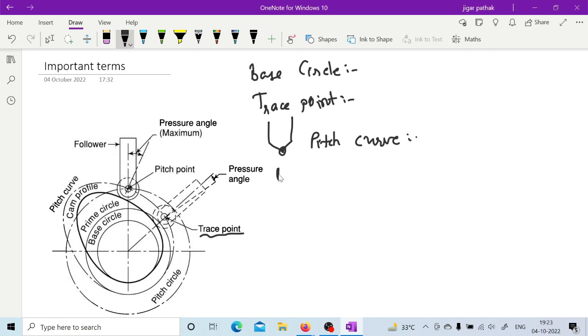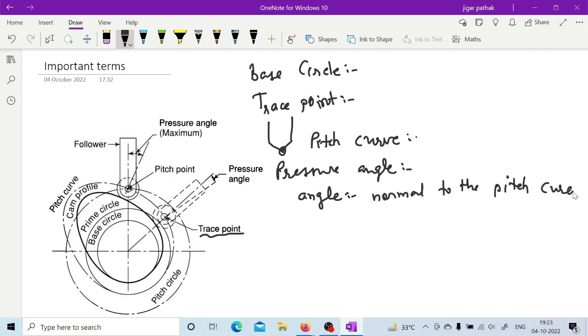After the pitch curve, there is the pressure angle. If at a particular point on the pitch curve you take the normal to that pitch curve, then the pressure angle is the angle between the normal to the pitch curve and the direction of the follower.